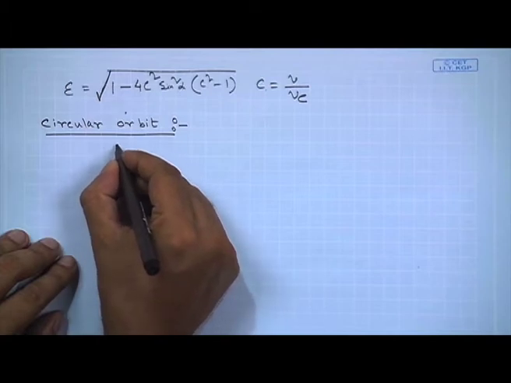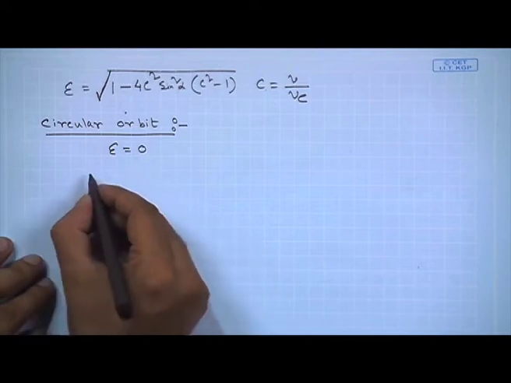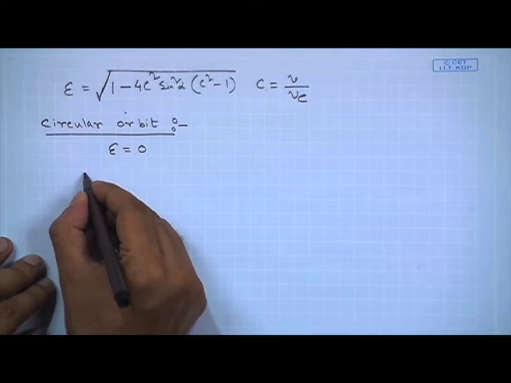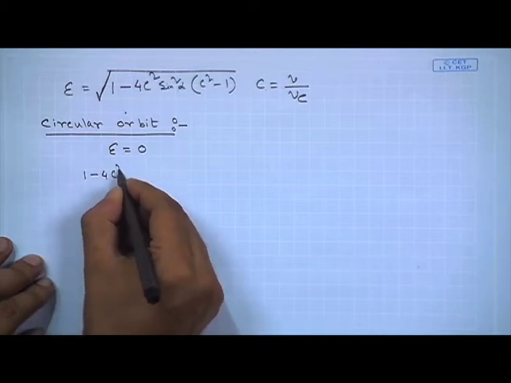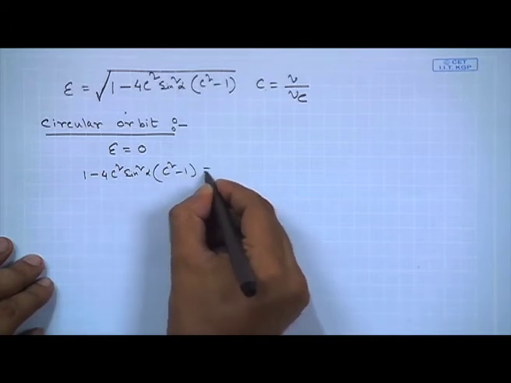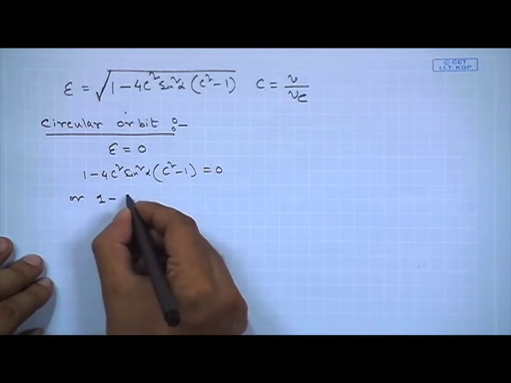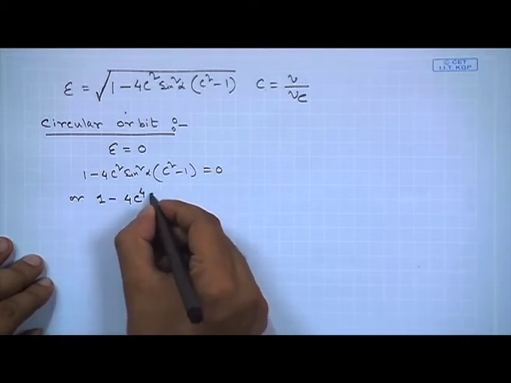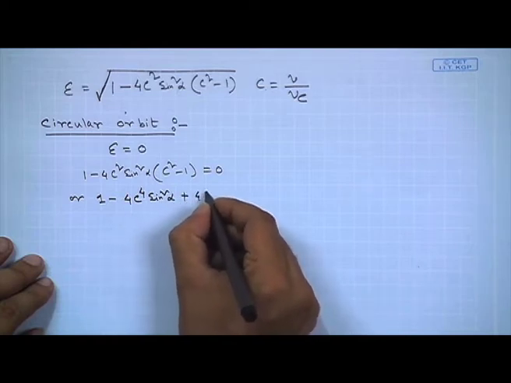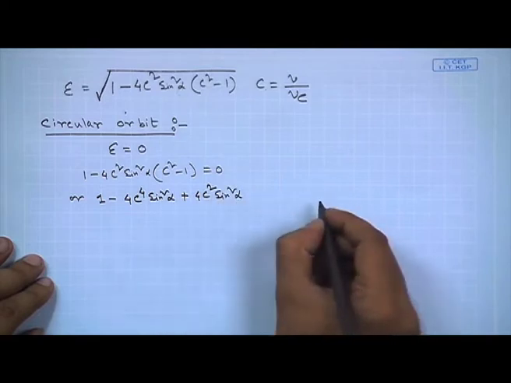Circular orbit is defined with epsilon equal to 0. Now if epsilon is equal to 0, then from this expression we see that 1 minus 4 c square sin square alpha (c square minus 1) equal to 0, which gives 1 minus 4 c to the power 4 sin square alpha plus 4 c square sin square alpha.